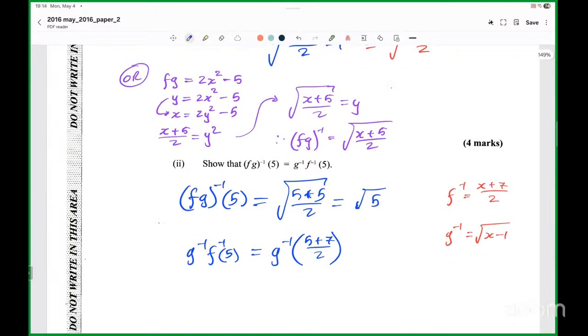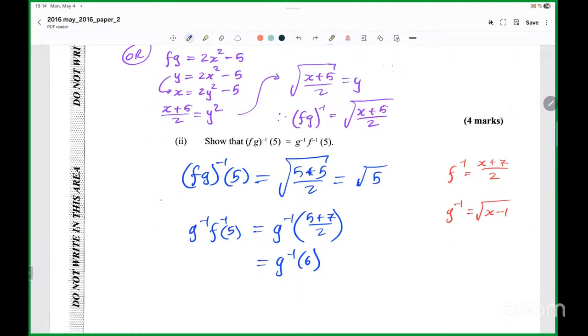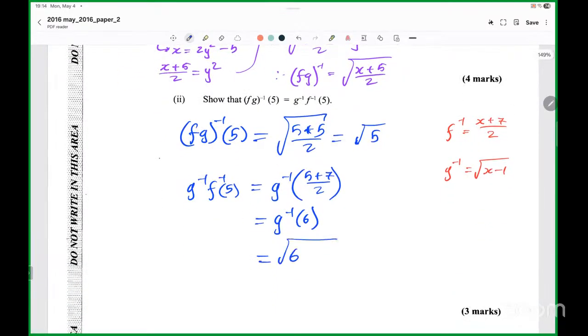So it becomes g to the minus 1 of 6 now. And in g to the minus 1 of 6, we're going to put 6 here. So it becomes the square root of 6 minus 1, which then is the square root of 5. So you see, the two of them give the same thing, root 5. That confirms it.